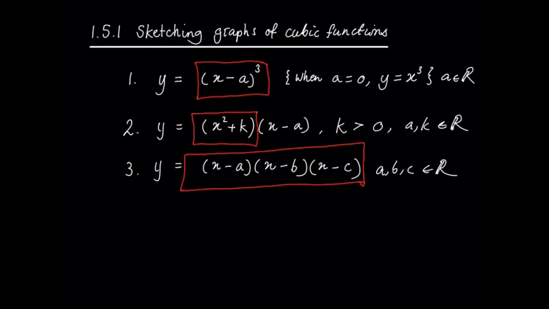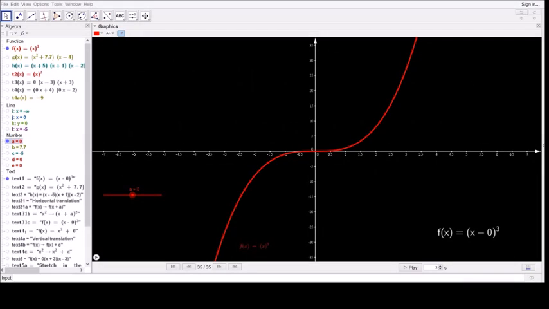Let's have a look at the animations now. In the first animation, we'll look at the graph of the cubic function f of x is equal to (x minus a) all cubed. To begin with, I've set a equal to 0, so in fact this graph is showing f of x equals x cubed. The important point to note about the graph of x cubed is it has a triple root at x equals 0.